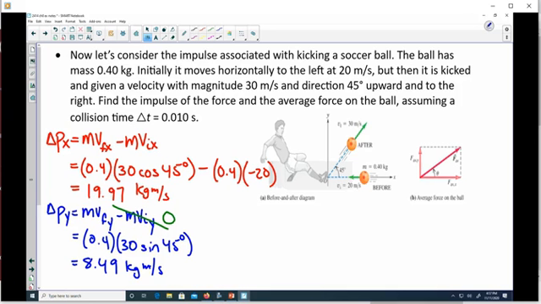To find the impulse, we'll just add these two components like vectors, and then to find the force, divide by 0.01.